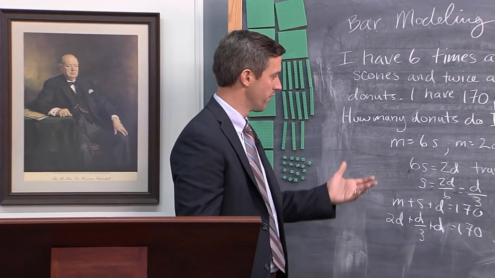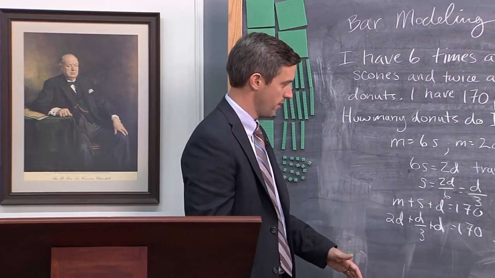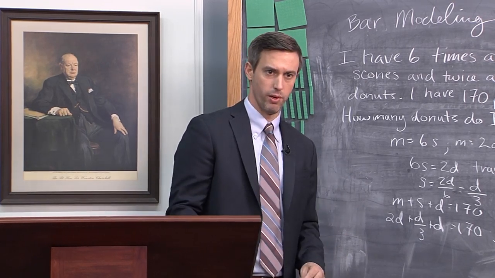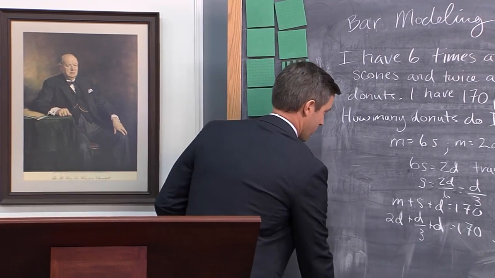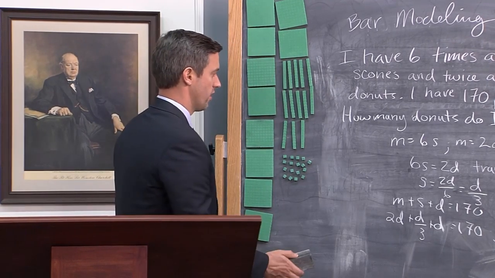This problem is very simple if you follow these steps in algebra, but there's an even simpler way to approach this problem. I'm going to erase the algebra, and I'm going to show you it using a bar model.